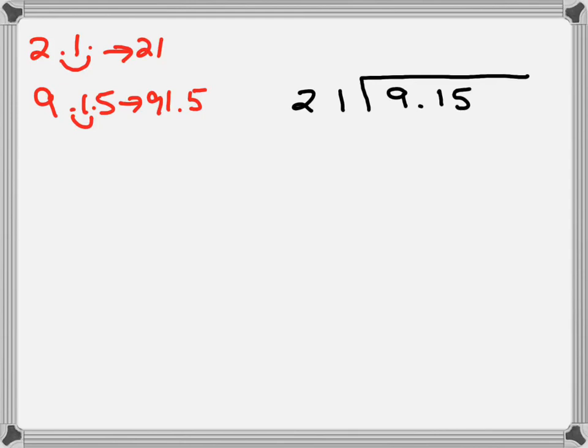Now we erase the decimal here and put it back over there because of what we converted it to. So now it's 91.5, and we might as well put the point up in the answer directly above it. Now we're ready to go.